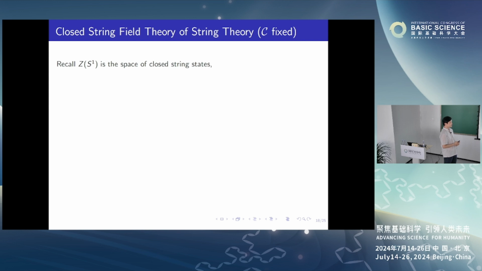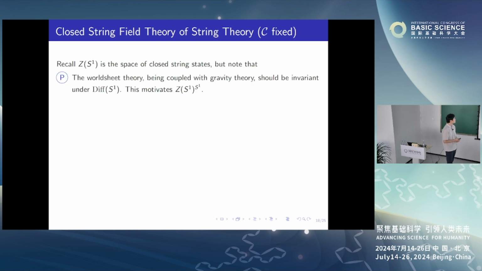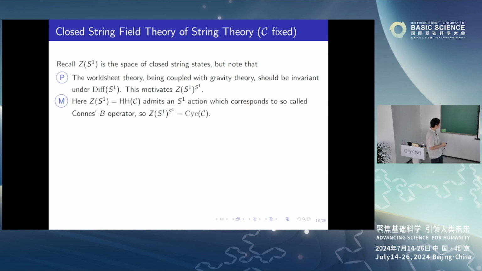Right. Another thing I didn't explain is closed string field theory. What I claimed before was that what you assign to S^1 is the space of closed string states. But physicists would say that this is coupled with gravity theory, so it must be invariant under diffeomorphism. In this topological setting, that just amounts to taking invariance under this S^1 action.